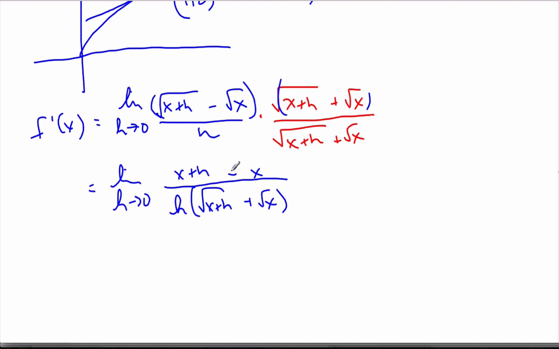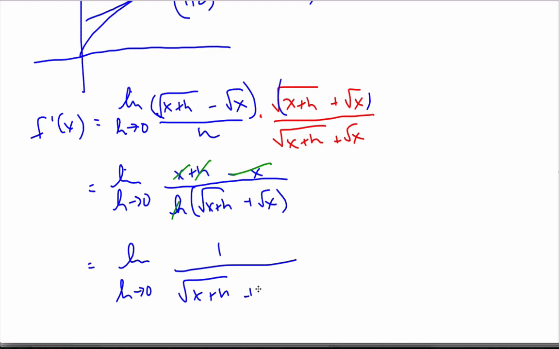Well, I can see I can subtract x and x here. And so then I have h over h. Those cancel as well. And I end up with the limit as h goes to 0 of 1 over square root of (x plus h) plus square root of x. If I take the limit as h goes to 0, I make this h 0.